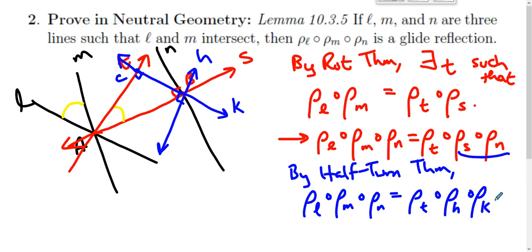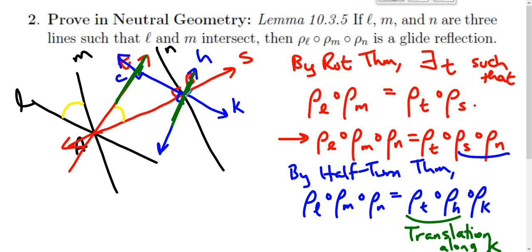Now, what do we notice about line T and line H? Well, this composition is a translation along K, because these two lines are both perpendicular to the same line.